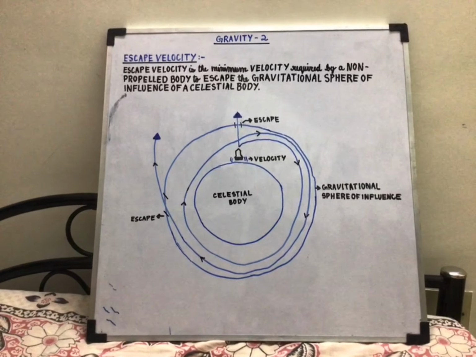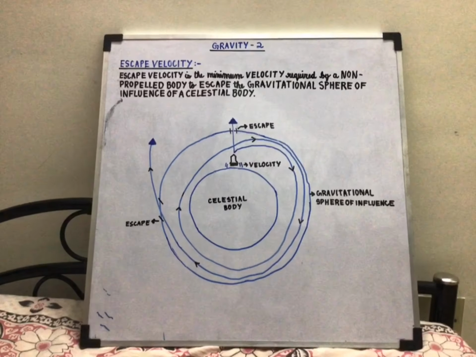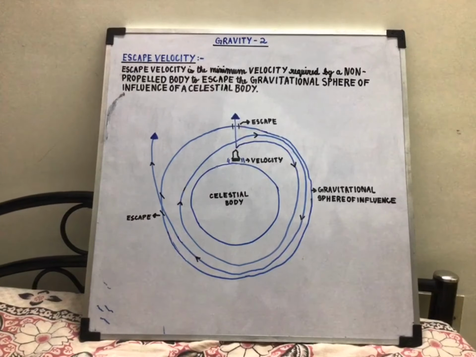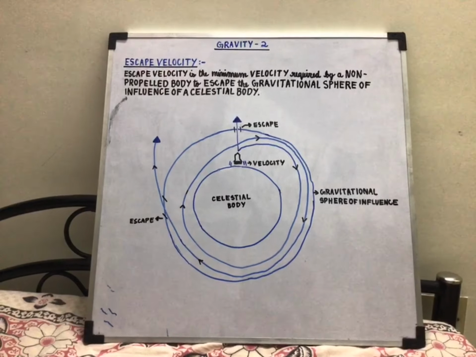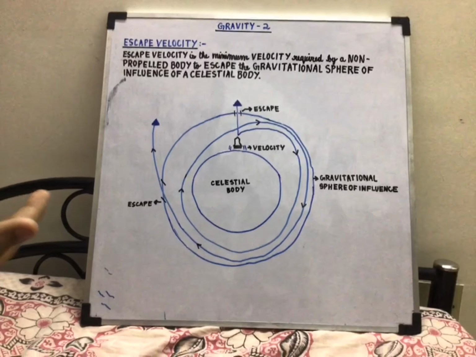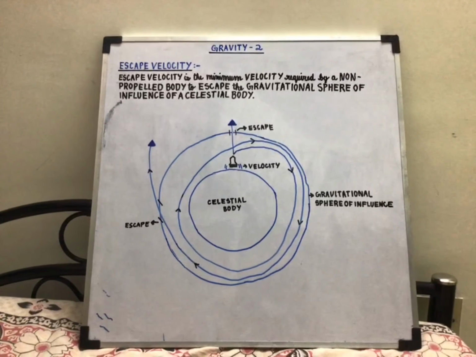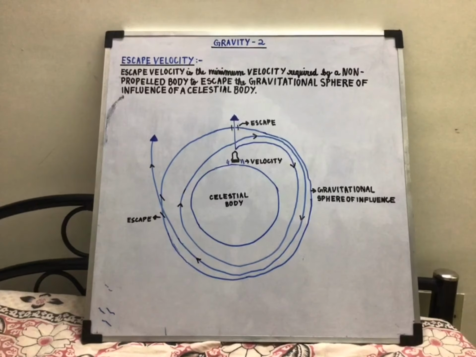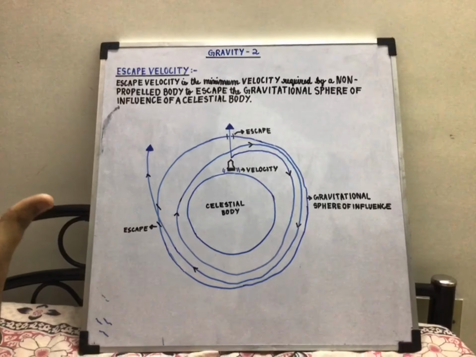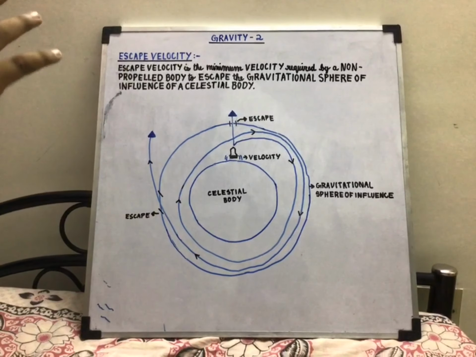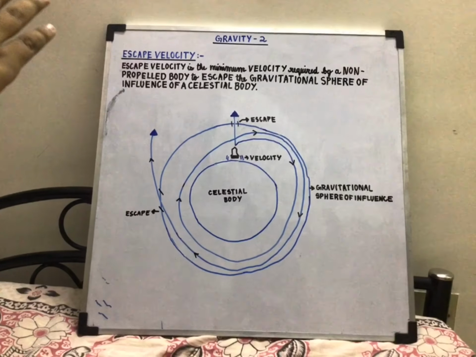Now the definition also states the same, but in a hi-fi way. Escape velocity is the minimum velocity required by a non-propelled body, a body which is not being pushed by another agent, to escape the gravitational sphere of influence of a celestial body, to escape the force of gravity of a particular heavenly body.